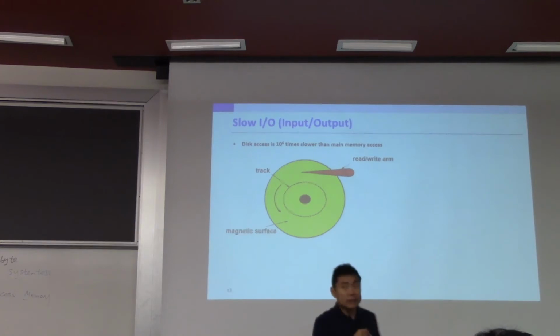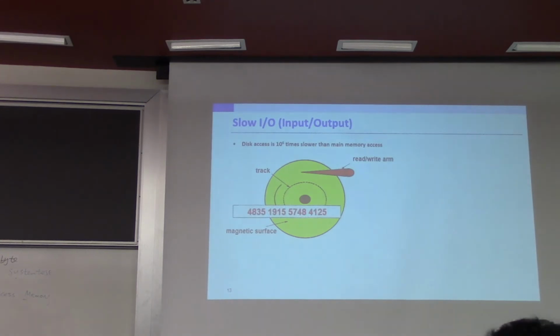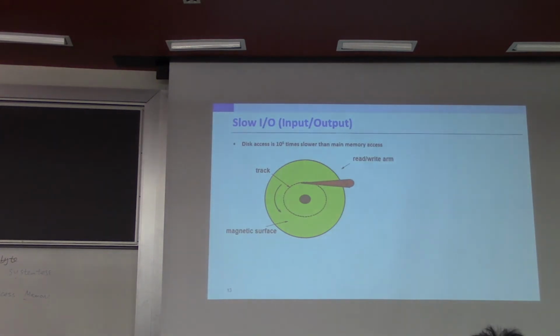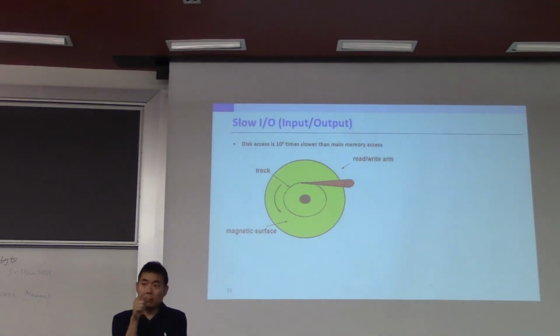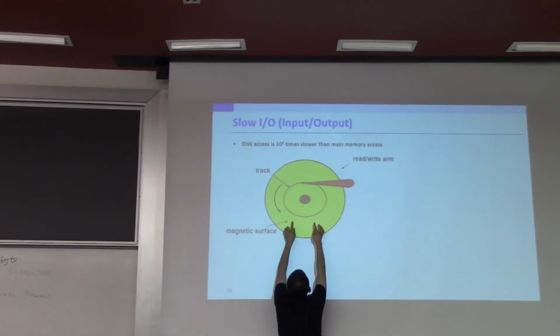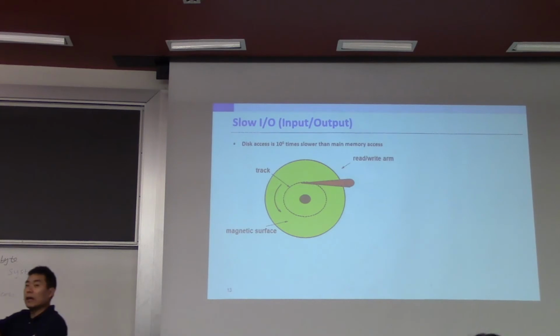The way you read data from a hard drive is to move this arm in and out to align the head of the arm against the particular track that holds your data, and then wait for the surface to rotate. For example, the data you're trying to read is from this particular part. Just aligning the head of the arm to that track is not good enough.